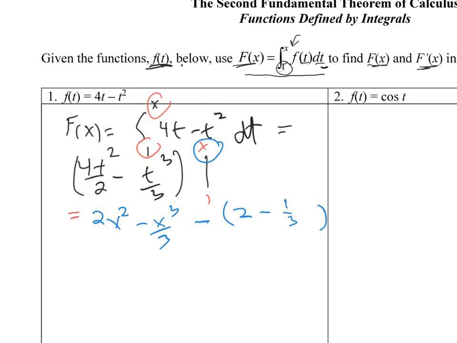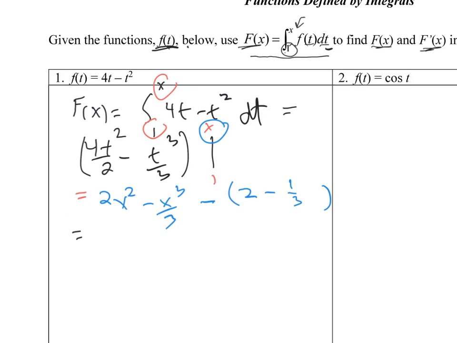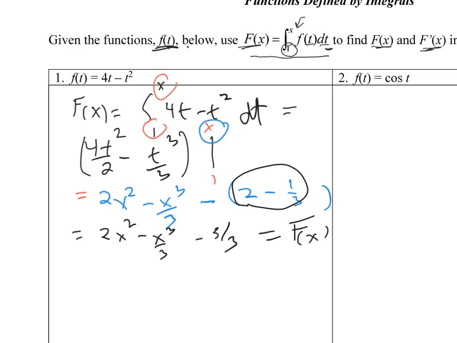Put it all together and we have 2x squared minus x cubed over 3 minus, 2 minus a third. This is the same thing as saying 6/3 minus 1/3 is 5/3, minus 5/3. So there's my answer. That equals big F of x.